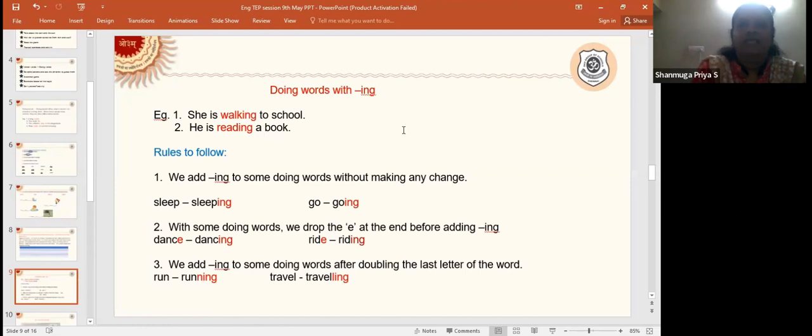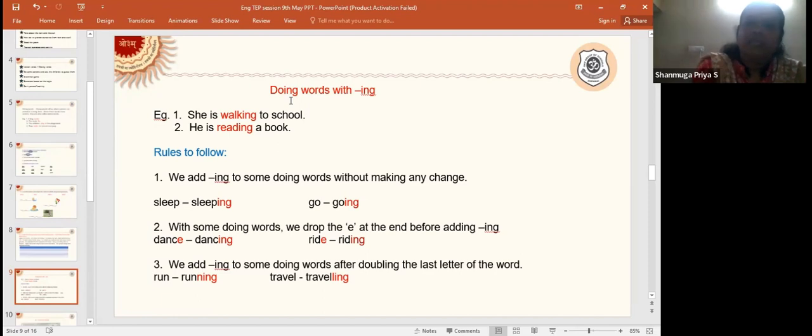Of course, we use this ing form of verbs with the continuous form of tenses. Now, for class 1, we need not introduce the continuous form of tenses. We can just introduce them to doing words with ing.